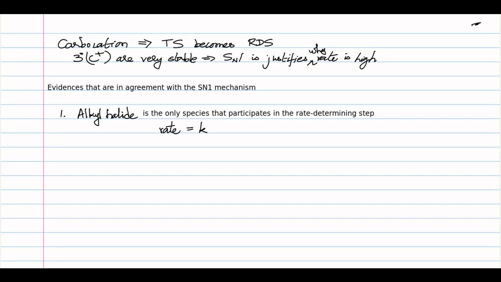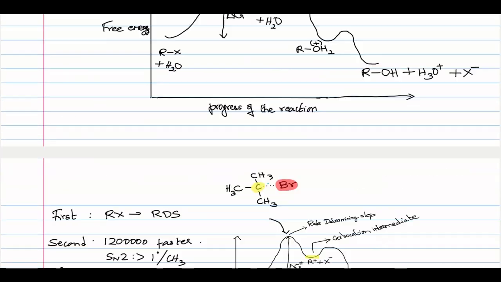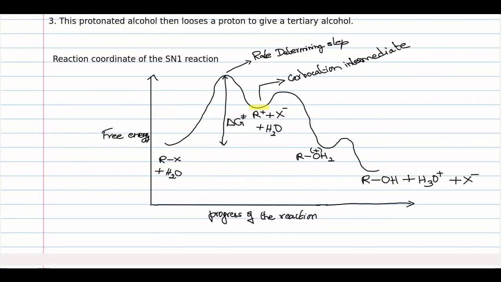So rate depends only on the concentration of the alkyl halide. So that's what we observed in the free energy diagram also, that in the rate determining step, only the formation of carbocation is involved.